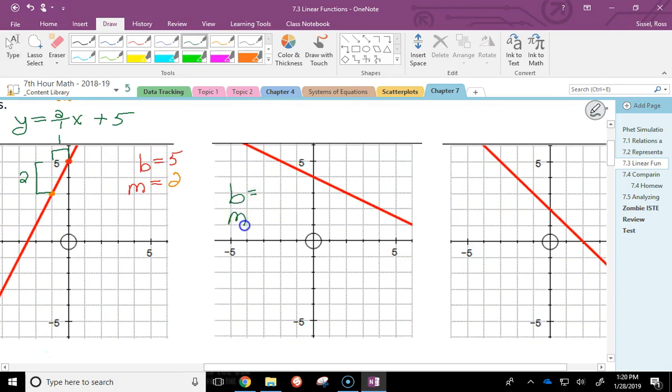Someone needs to tell me my y-intercept. Someone needs to tell me my slope. Nathaniel, what is my y-intercept? Okay, it's right here, 4. What is my slope, Nathaniel?